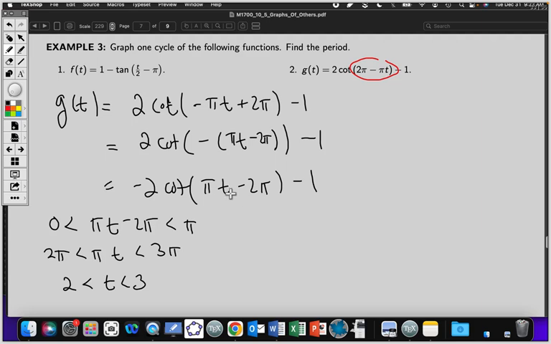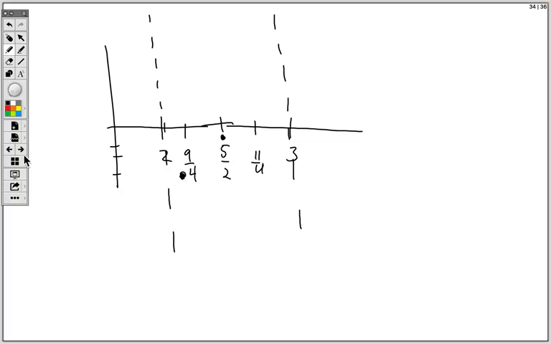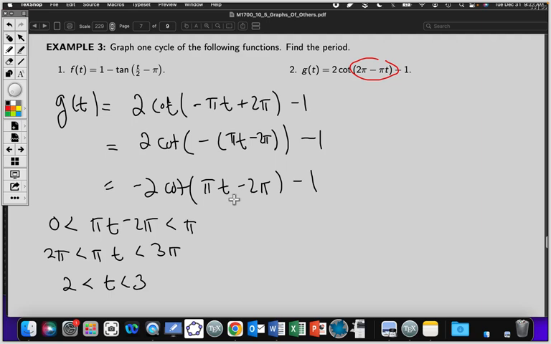Now 11 pi over 4. 2 times 11 pi over 4 is 11 pi over 2 minus 4 pi over 2. Wait a minute, that's not right. Yeah, 11/4. 11 pi over 4 minus 2 pi would be 11 pi over 4 minus 8 pi over 4.